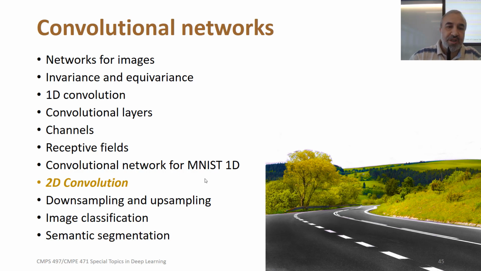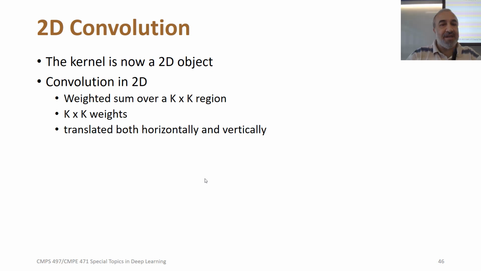Now to 2D convolutions, the idea is that the kernel itself will be a 2D object. So in 1D convolution, the kernel was 1D, but applied in depth. Now, because the input channel will be 2D, the kernel itself will be 2D.